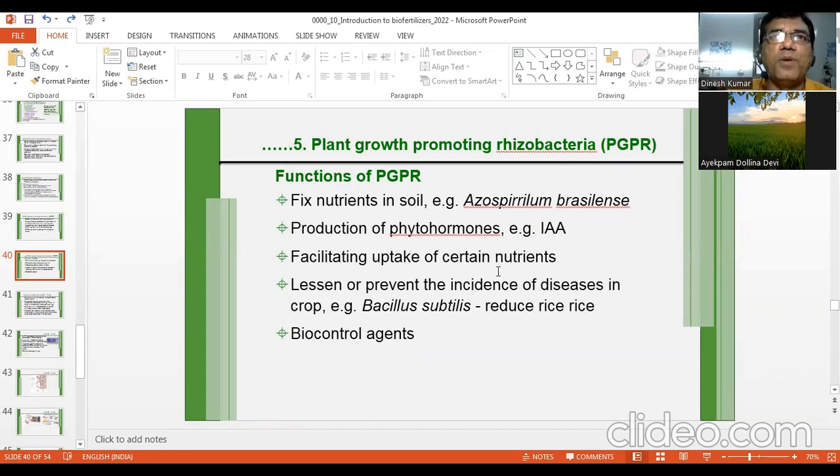It is responsible for solubilization of phosphorus and also disease suppression in paddy, in rice. It lessens or prevents the incidence of diseases. It is written, biocontrol agents. Some can be used as biocontrol agents.